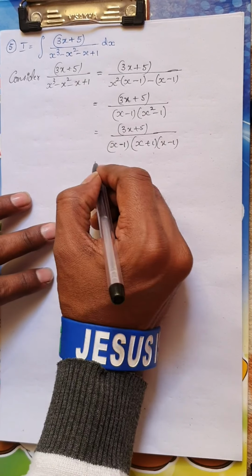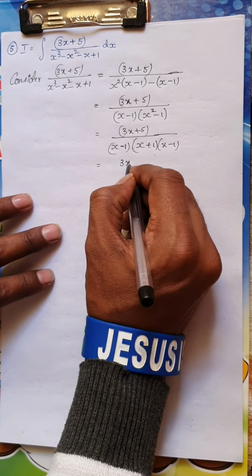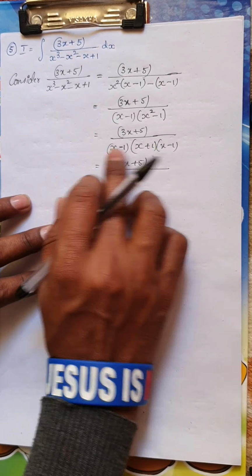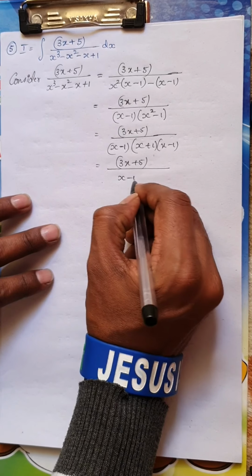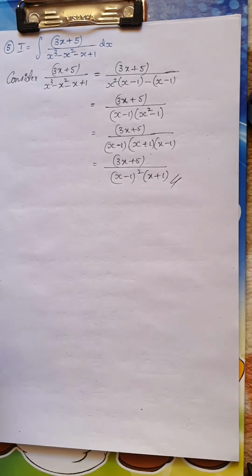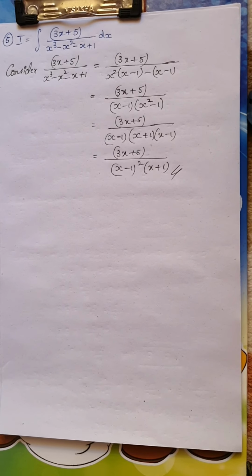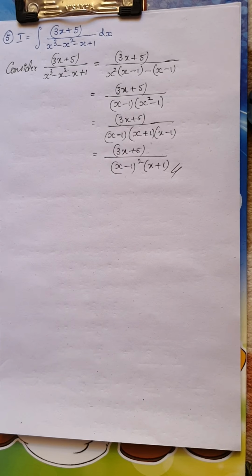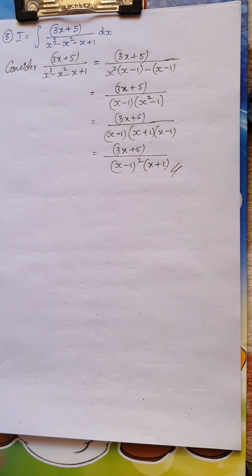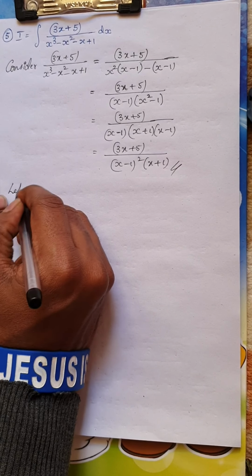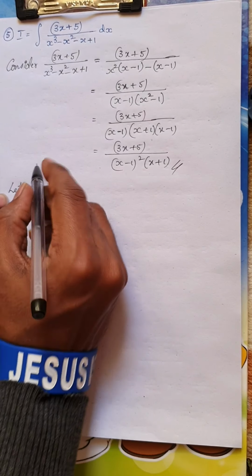So, the same factor can be written as 3x plus 5 divided by, I have two powers for x minus 1, so this is x minus 1 whole square into x plus 1. This is the simplification part. I have still not separated this function as a partial fraction. So, I have simplified this. Now, let me find the partial fraction for this.